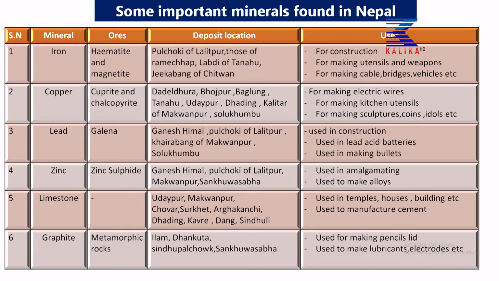Uses: for making electric wires. You must know why copper is used to make electric wire. Two special properties possessed by copper make it better for wire. The first one is the ductility property.